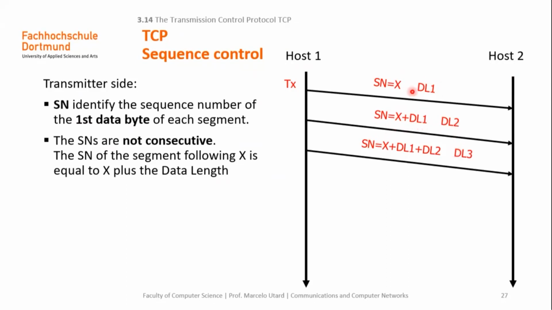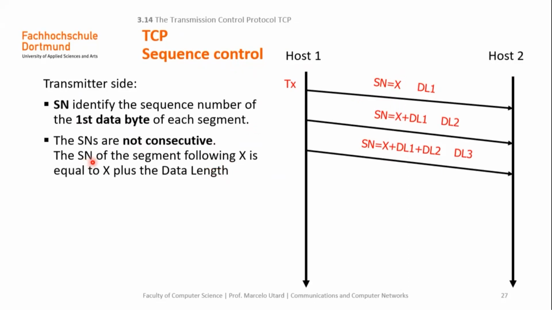What is important to understand is that the sequence numbers are not consecutive. This is not, for instance, 1, 2, 3. This could be 1, then 1,000, and then 2,000.